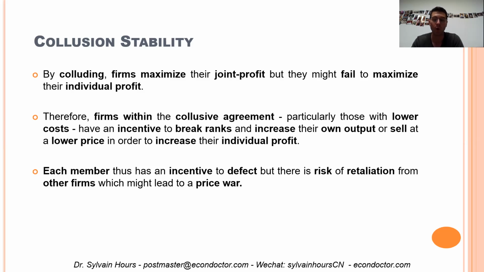So for example, we all meet today, we say, hey, let's charge a high price, and then I have an incentive tomorrow to cheat and to charge a low price. And I would very much benefit from this strategy, because in this case, if all my competitors charge a high price and I charge a low price, I have all the market for me. All the buyers will be willing to buy from me. So tomorrow, I can make a lot of profit if I cheat.